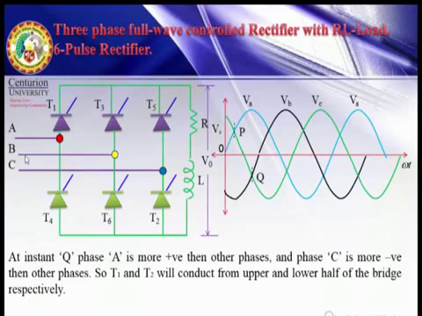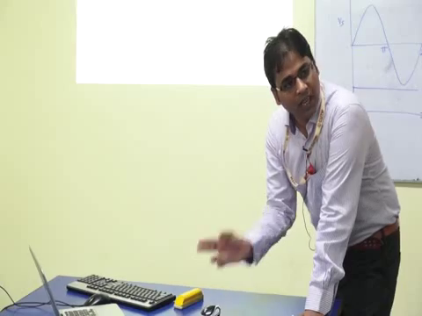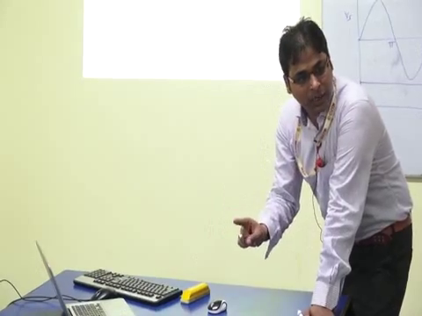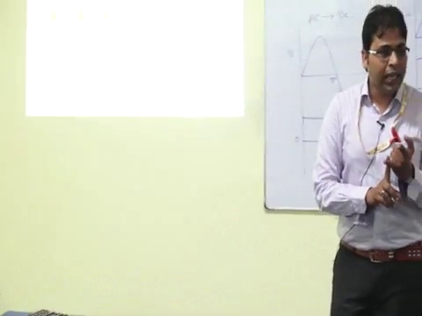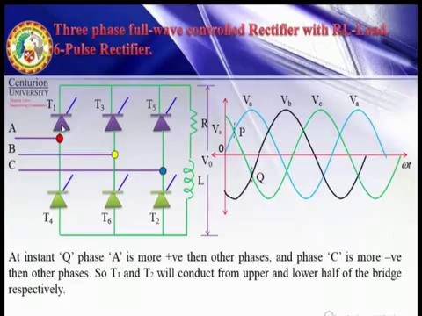T1 was conducting previously, so it will continue its conduction, and from phase C one will conduct. Phase C is connected to which thyristor? T2.